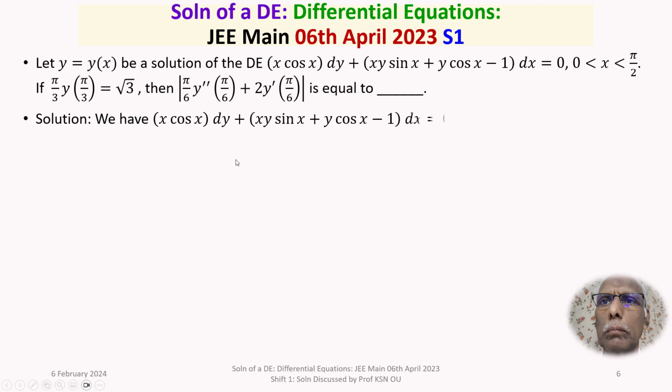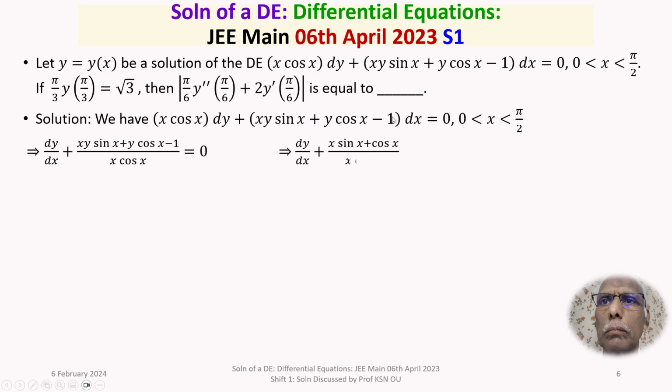We have this differential equation where 0 < x < π/2. Now divide this differential equation throughout by x cos x. Then you will get dy/dx + (xy sin x + y cos x - 1)/(x cos x) = 0.